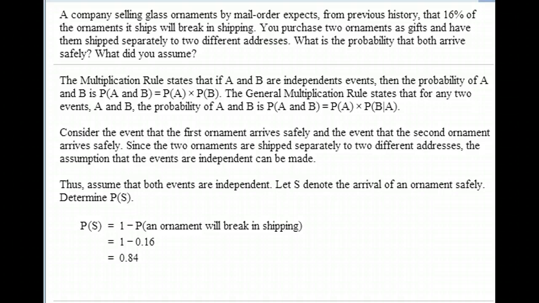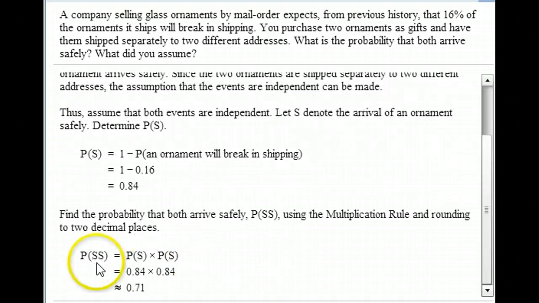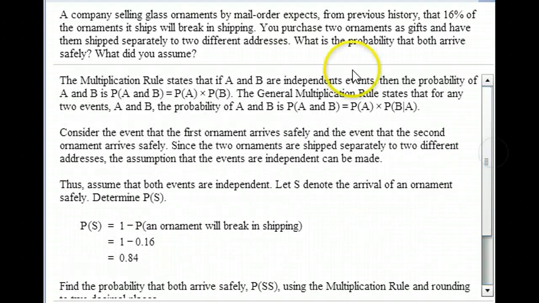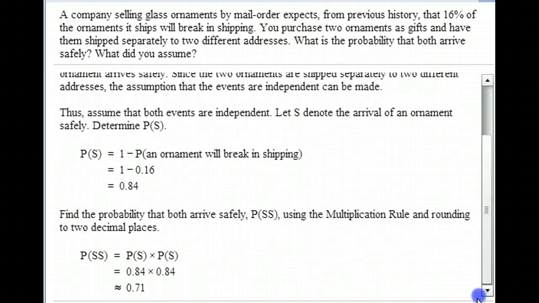So continuing here, probability of 2 parcels safely arriving is going to be the probability of 1 safely arriving times the probability of the other, and that's similar to this, except that the 2 situations are the same. So the probability is 0.71.